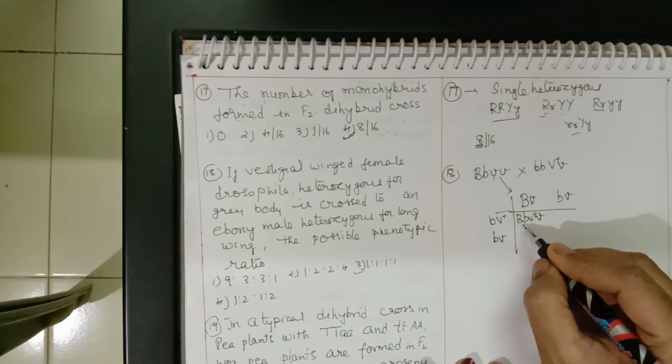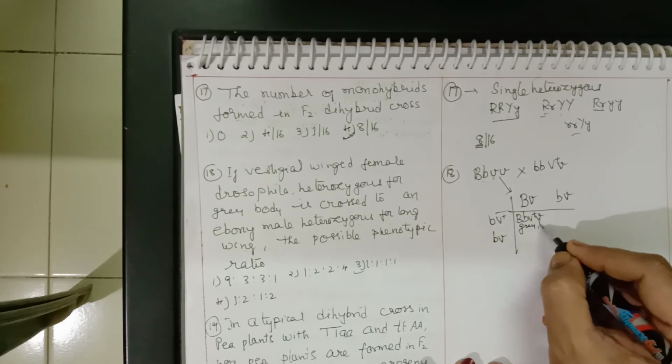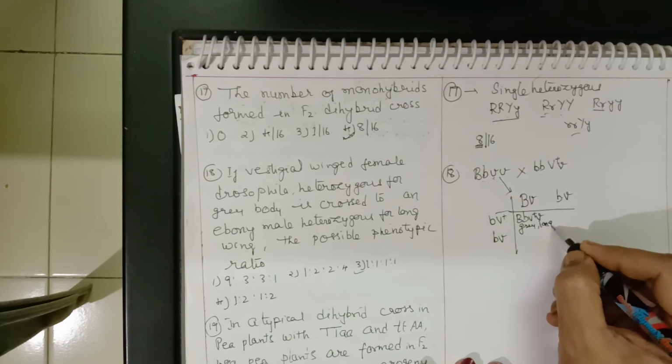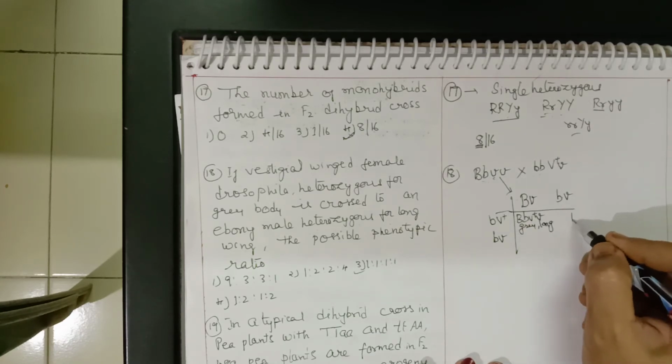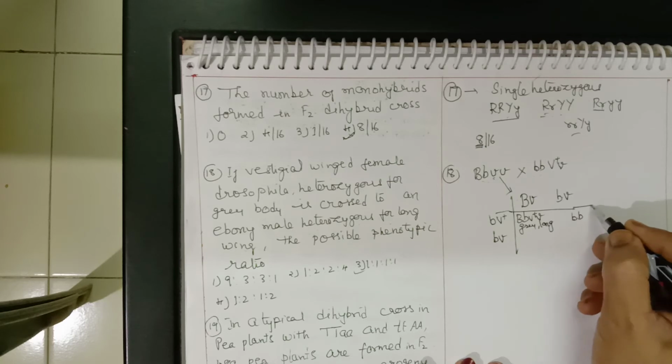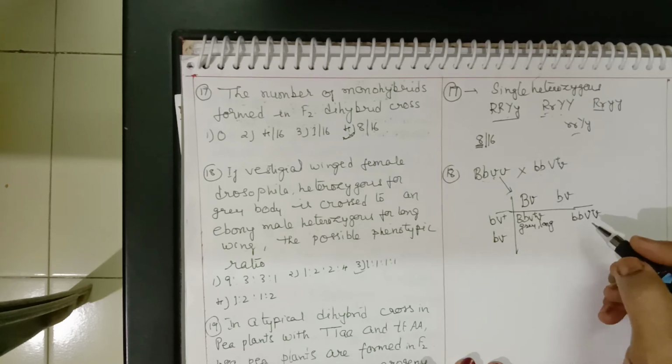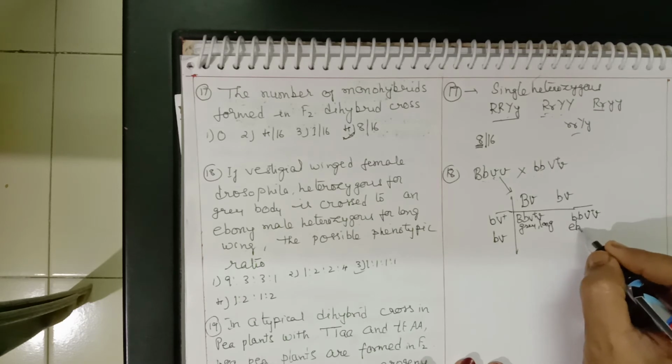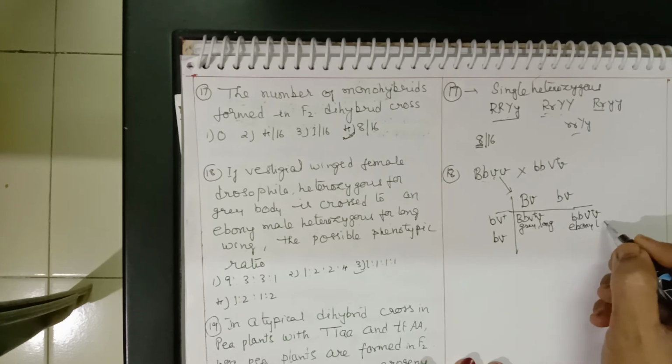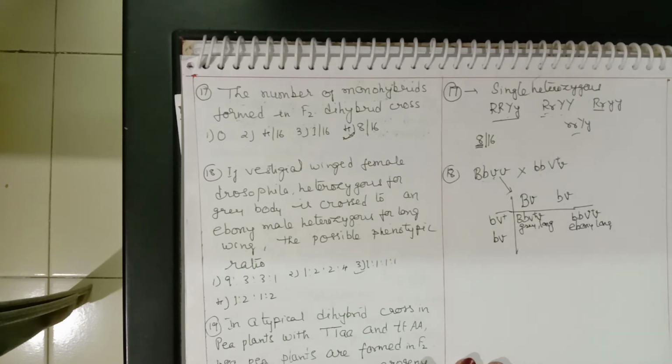This will be grey body color and long wings. So this is grey and long. Here you are getting small b, small b, V plus and V. So this will be ebony body color and long wings.